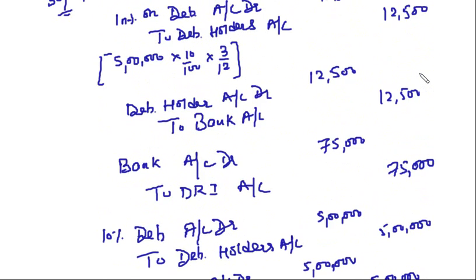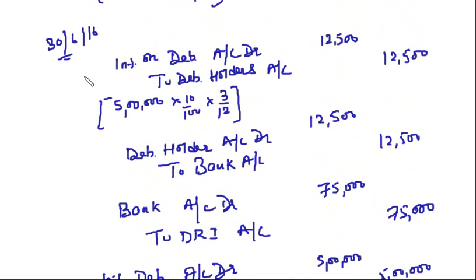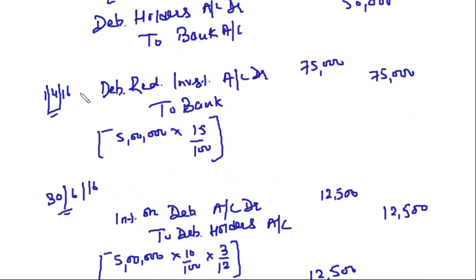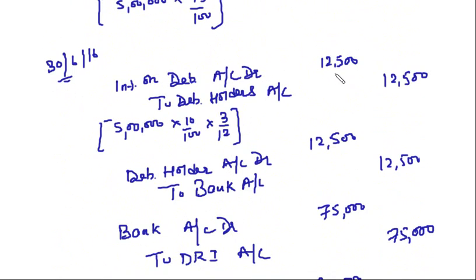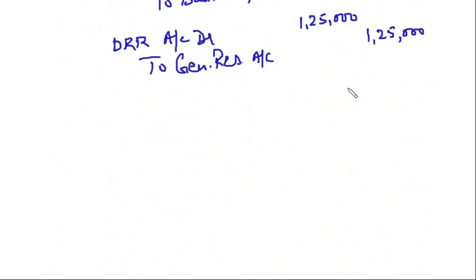One more thing, whatever is the interest on debentures that you have paid will be transferred to the profit and loss account. Like interest on debentures, you have paid 50,000 here and 12,500 here. That means 62,500.